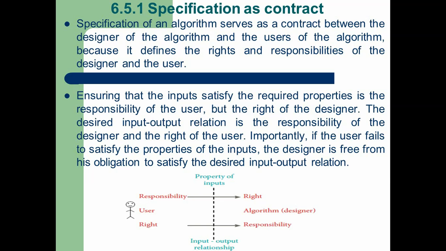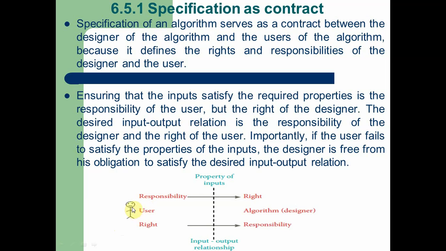So providing the information is the responsibility of the user and right of the programmer. Providing the correct desired algorithm and desired output to the user is the responsibility of the programmer and right of the user. So this is the thing which we discuss here.